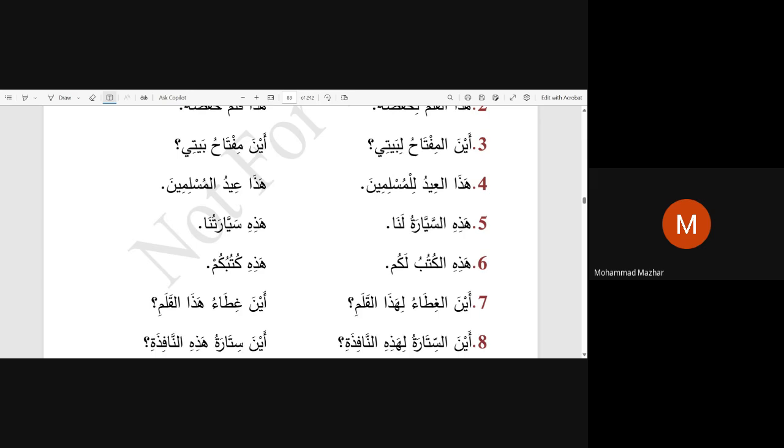We know sayyaratuna, this is damir muttasil. It's important for us to know that damir muttasil is mudaf ilayhi. Sayyara is mudaf, and na, the damir muttasil, is mudaf ilayhi. We already studied damir muttasil from the beginning of the book, but I didn't want to tell you there was mudaf mudaf ilayhi, because I didn't want to preoccupy you with these terminologies way at the beginning.